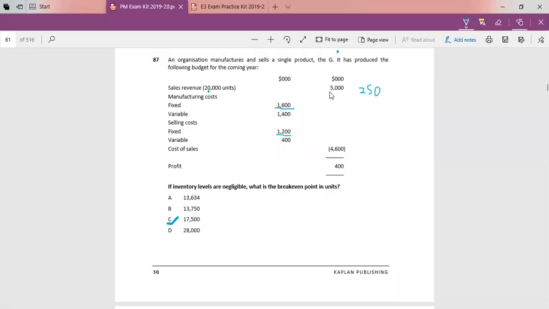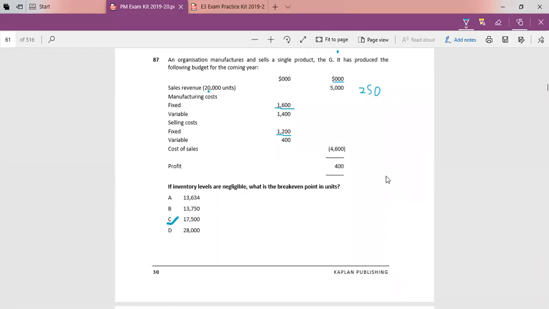See, 5 million, no? These are in zeros. So if it is 5 million divided by the number of units, 20,000, it gives us 250 per unit.